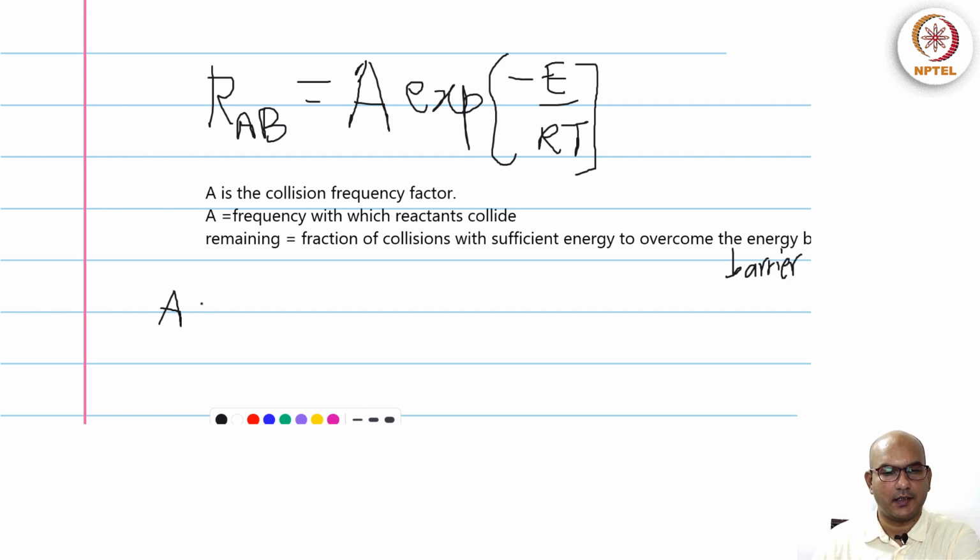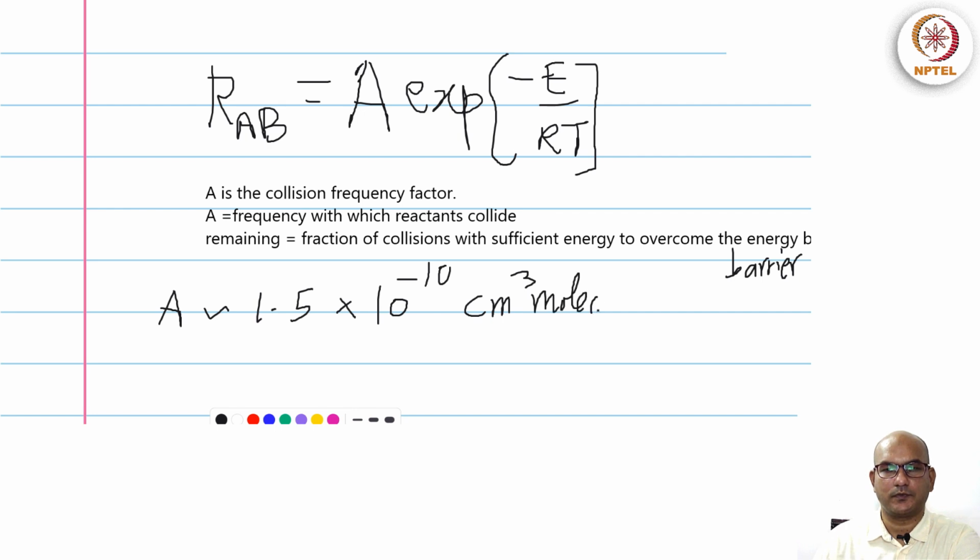So the order of magnitude of A is 1.5 into 10 to the power minus 10 centimeter cube molecule minus 1 second to the power minus 1.